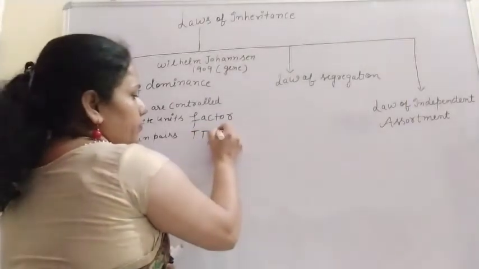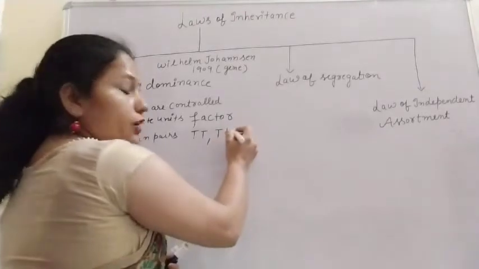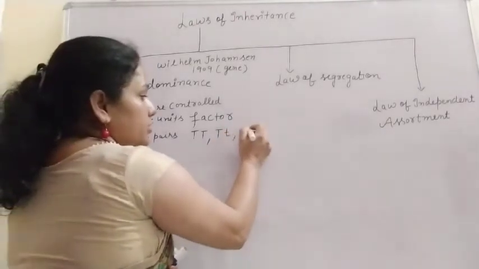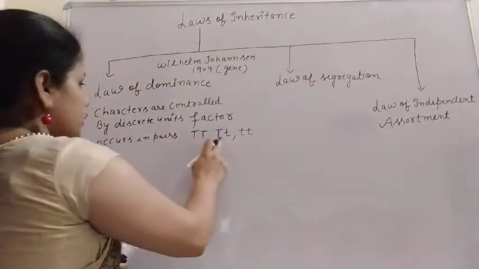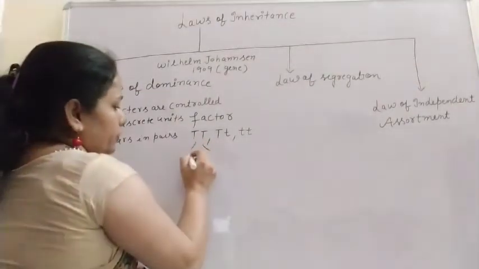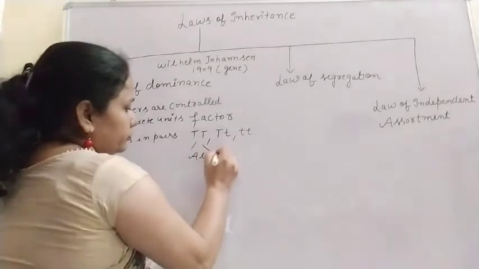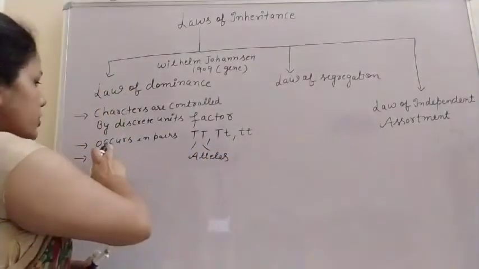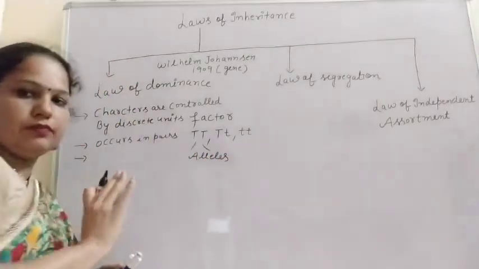I am also writing capital T, small t, and also small t, small t. All these are genes, and separately we can call them alleles. So these occur in pairs.